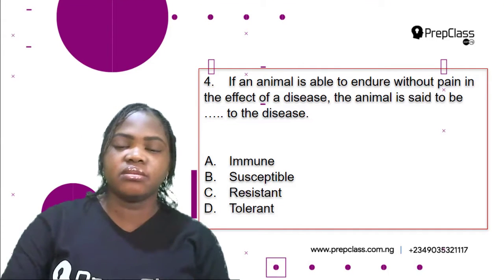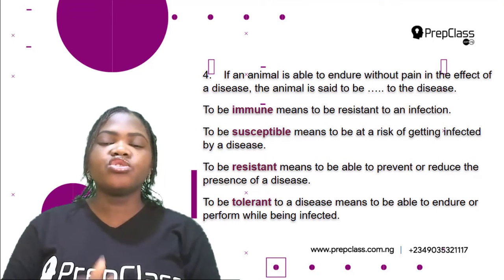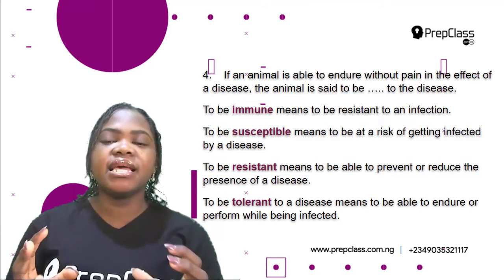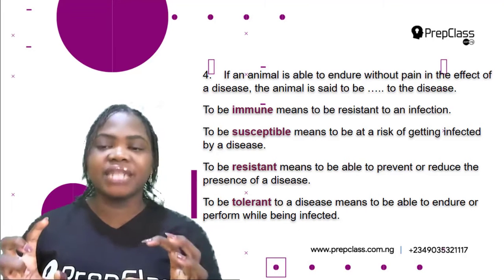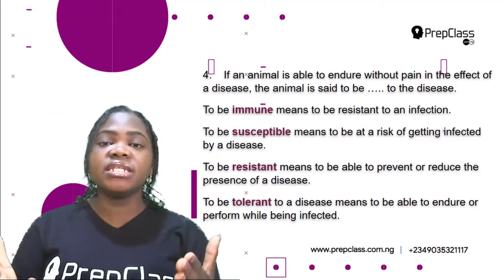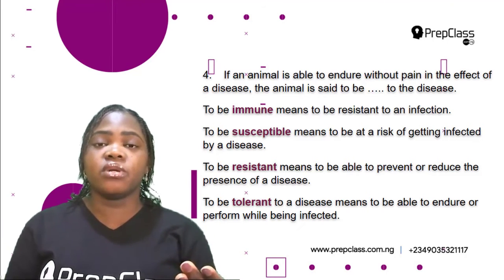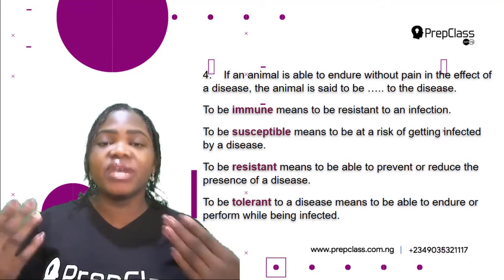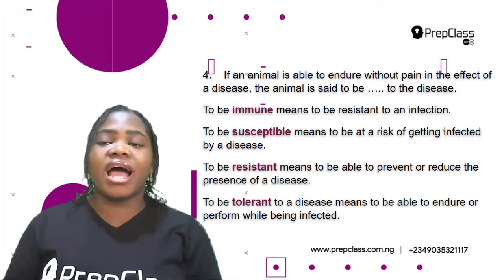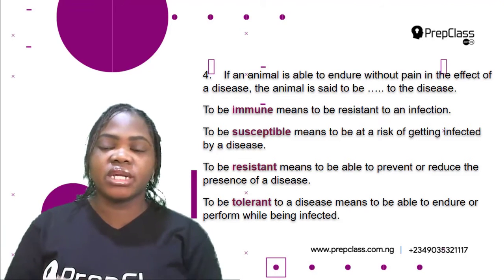So for us to be able to choose the correct option, we need to find out what each of these mean. Okay, so the first one is immune. To be immune to a disease means to be resistant to an infection. Some people get this immunity against diseases. Like if you get immunization for tuberculosis, it means that you'll be resistant to it. You won't be able to have that infection.